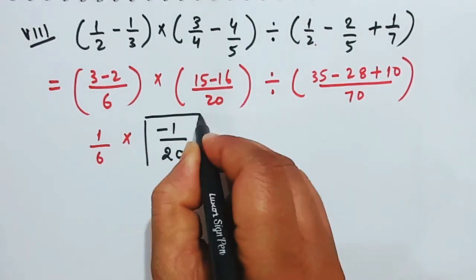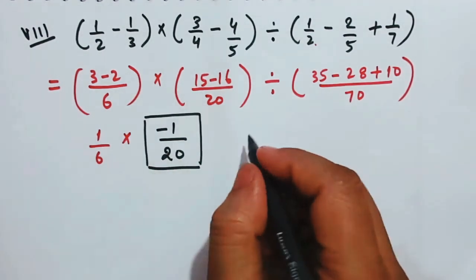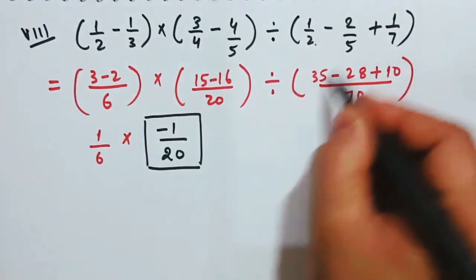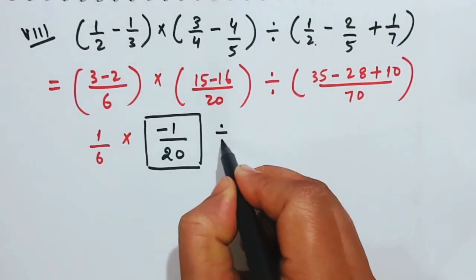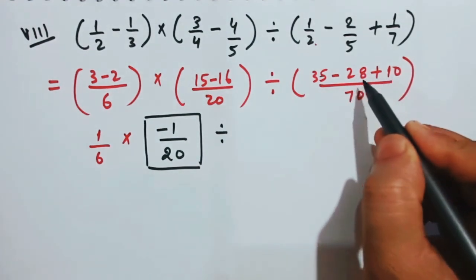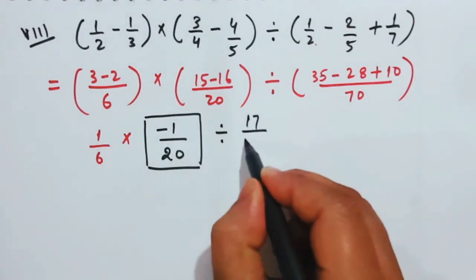क्या बात है. हाँ, I got something new. कमाल हो गया राजा. So here you have, what will you get? Here you will get divided by 35 plus 10, 45 minus 28 will be equal to how much? You will be equal to 17 by 70.